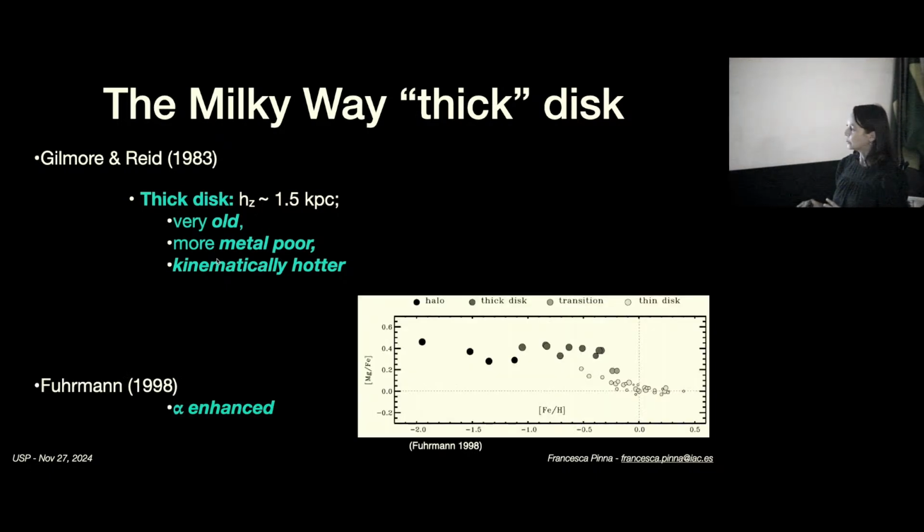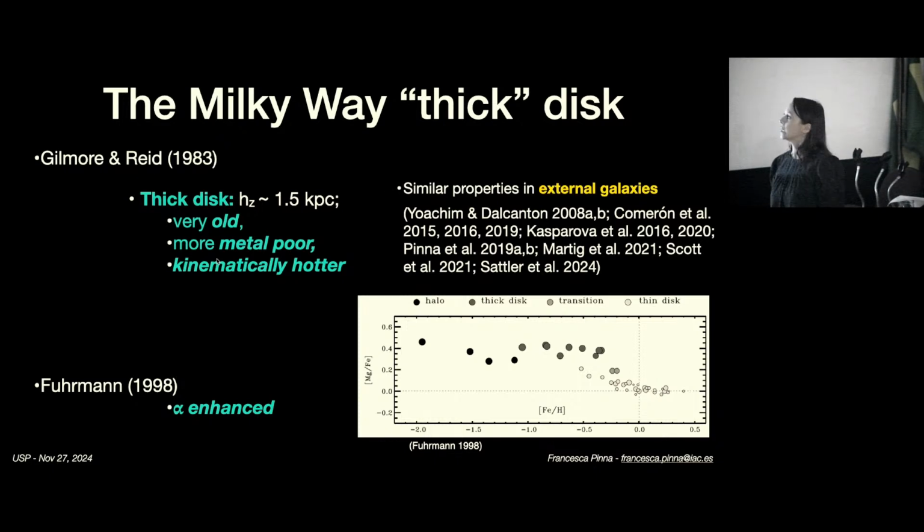A little bit later on, it was also found that the stars of the thick disk were alpha enhanced, so enhanced in alpha elements. Similar properties were later found in many external galaxies, although we will show in the second part of the talk that thick disks are not necessarily always very old. So in the latest studies, we are challenging this general idea, but traditionally we believe that thick disks are old, metal poor, kinematically hot, and alpha enhanced.